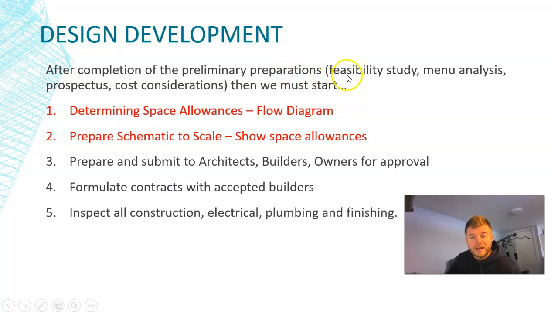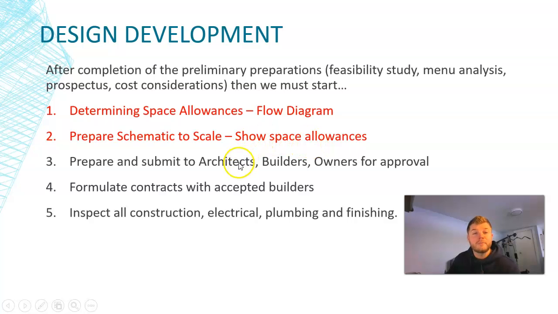So this is all pre-shovel in ground information, and then we start actual building. What we would be responsible for is the first 2 steps of these 5 steps, which is developing and designing our space allowances and our flow diagram, and then preparing a schematic or a layout to scale, showing all the different space allowances that are required.